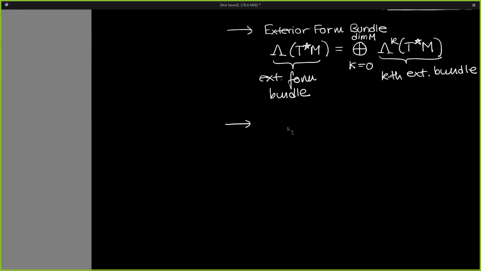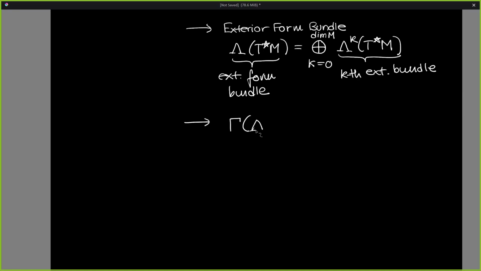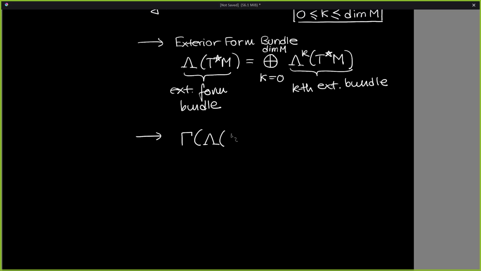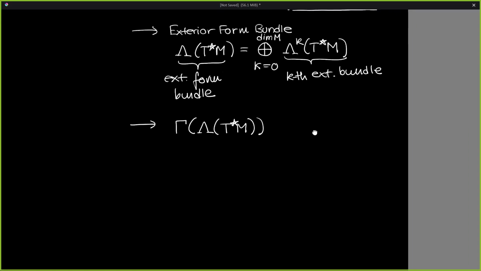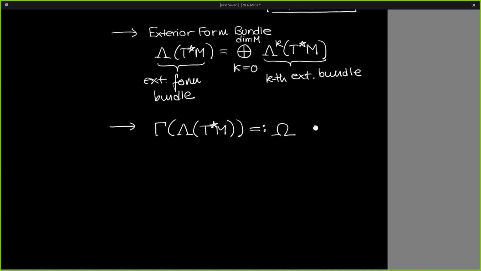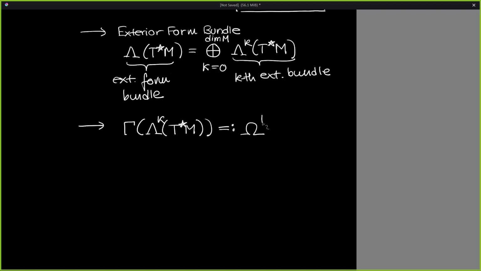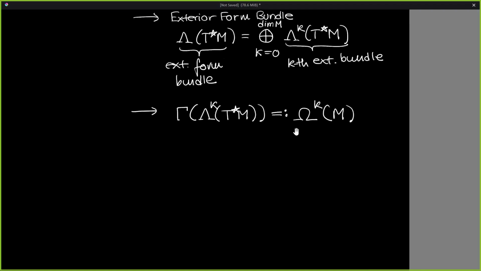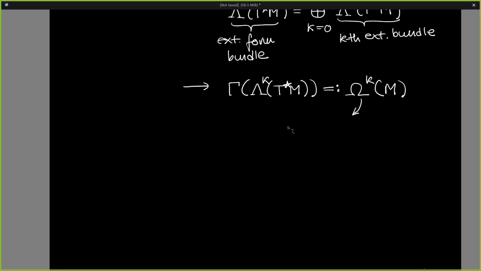And so if we take a smooth section of this bundle, Gamma of, nowadays I don't know if originally I used gamma as just the space of sections, but nowadays I'm using it to mean smooth sections, just as a point of reference. So this is by definition, sorry, if we put a k there, then this is omega k on M. These are the bona fide real exterior differential k-forms.